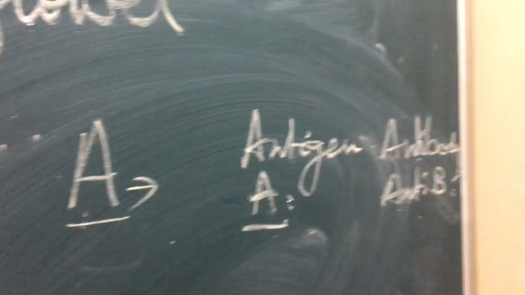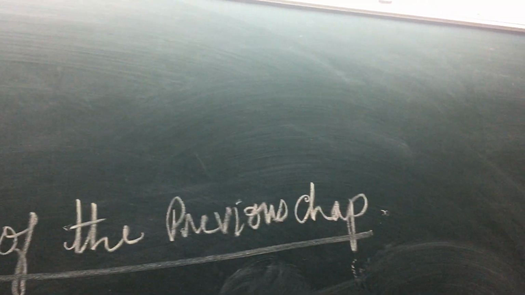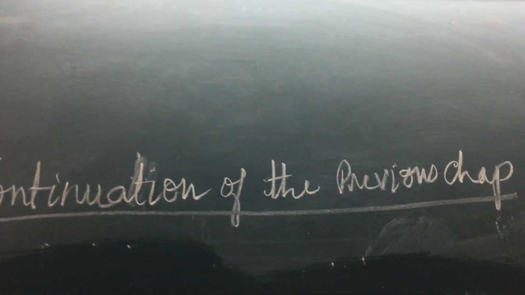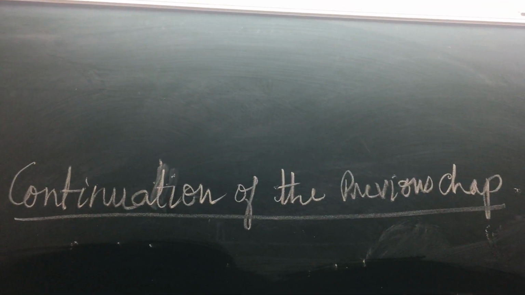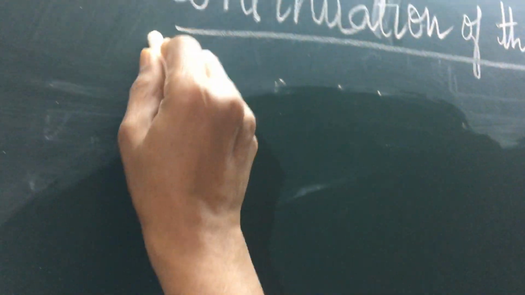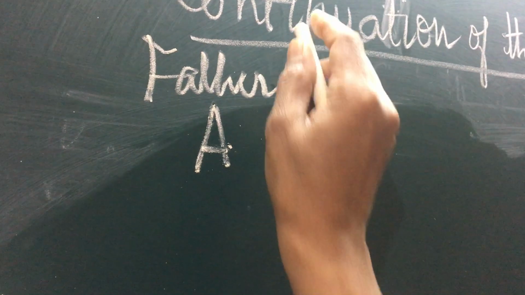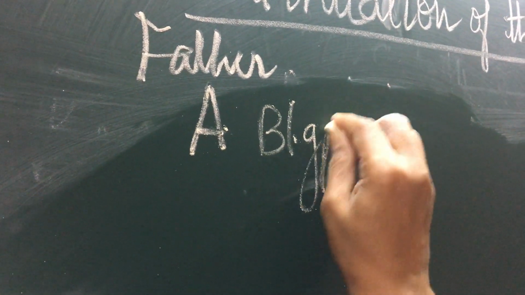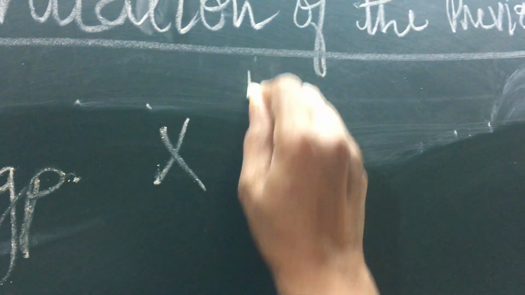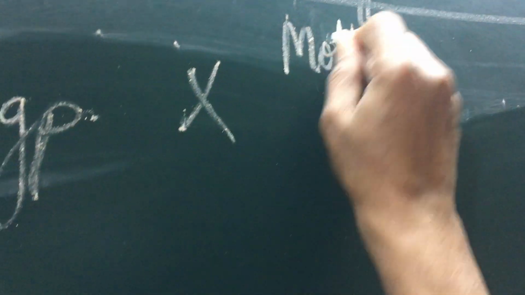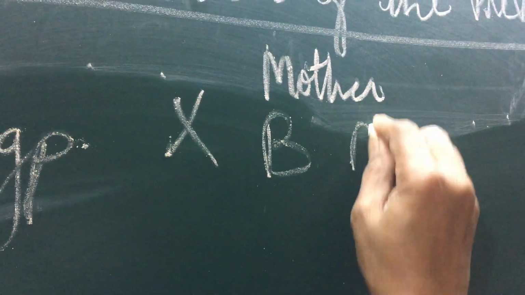Now I want to give you one example. You have the table in your book, so you can also try this exercise yourself. Suppose the father has blood group A, and the mother, the woman to whom he is married, has B blood group.